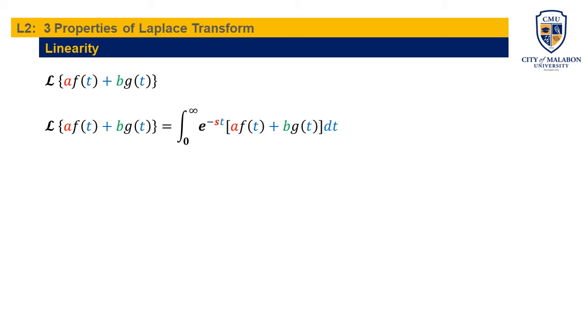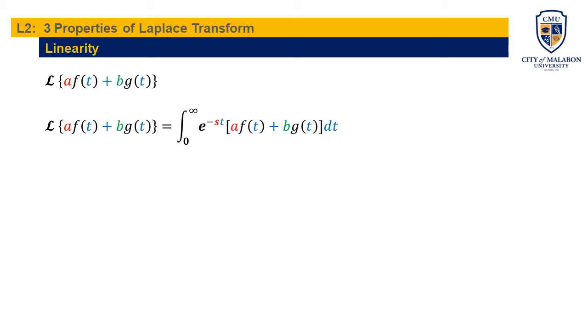It is equal, of course, sa improper integral from 0 to infinity of e to the minus st times nung buong function natin. Okay? Yung a f of t plus b g of t, which is nakalagay dito sa unang line. So, that is dt para makompleto yung ating definition.